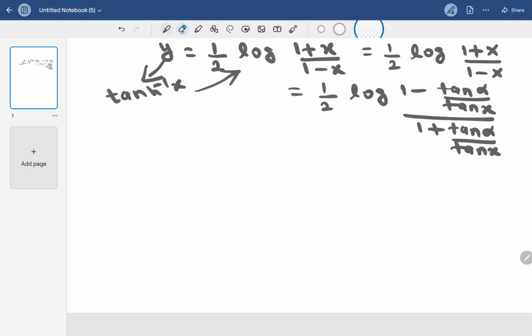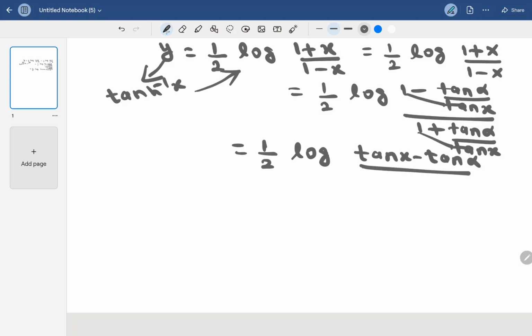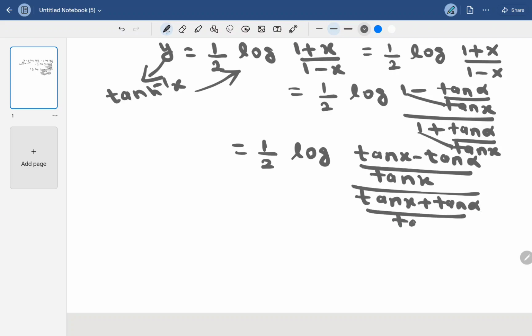This is equivalent to half log, cross multiplying, tan x minus tan alpha divided by tan x, divided by tan x plus tan alpha divided by tan x. Tan x cancels.